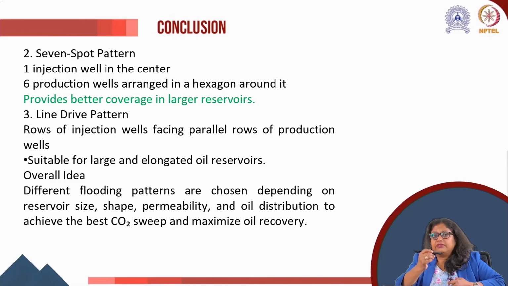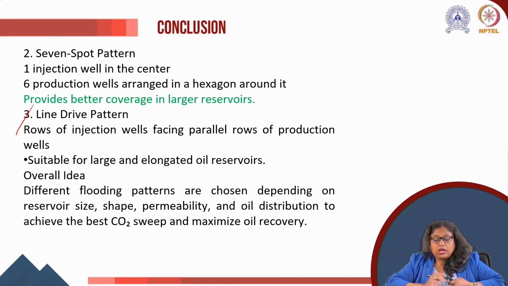Then we had the 7 spot, where in total 7 wells: 1 injection well in the center and 6 production wells arranged in a hexagon around it. Then we have the inverted, where 6 injection wells are arranged in a hexagon and 1 production well at the center. Then we have the line drive pattern, rows of injection wells facing parallel rows of production wells, and it is suitable for large and elongated oil reservoirs.